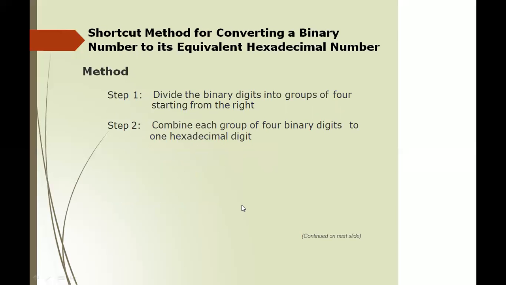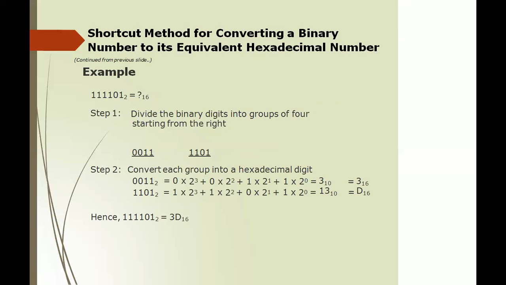And here is the shortcut method for binary to hexadecimal. Previously we also discussed this. At first we take 4 digits, and that is 1101, and here we have only two digits, so to make it hexadecimal we just put 00 on the left side to make it 4 digits, and then we convert this value, and we get the values 3 and 13.